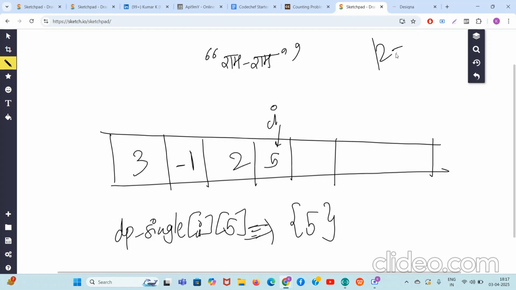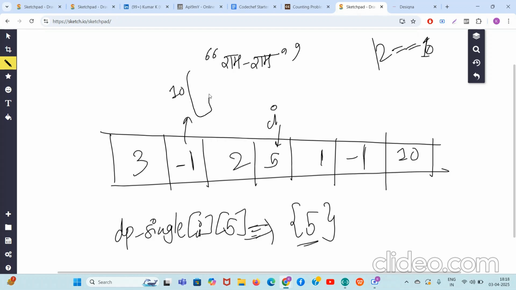And let's say k equal to 10. You might think, sir, only one possible sequence, 5, is there. No, no. How many arrays can be created? Here there are 10 options.